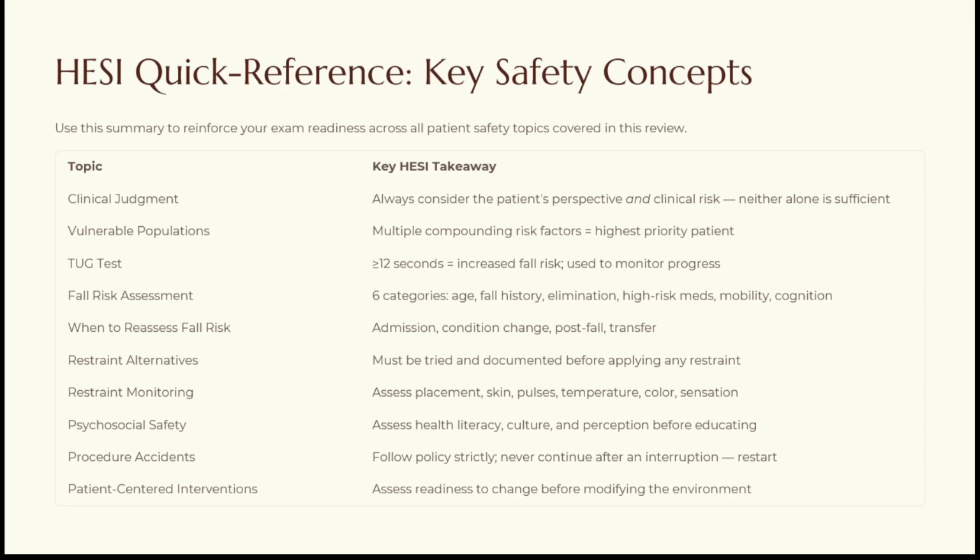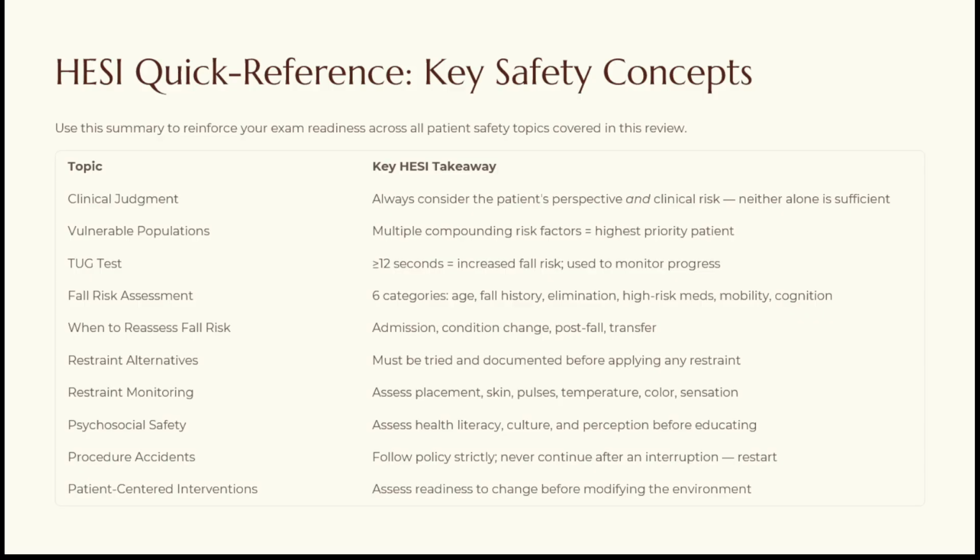Remembering the TUG cutoff of 12 seconds. Knowing fall risk categories. Reassessing fall risk frequently. Using restraint alternatives first. And assessing psychosocial factors that influence safety.